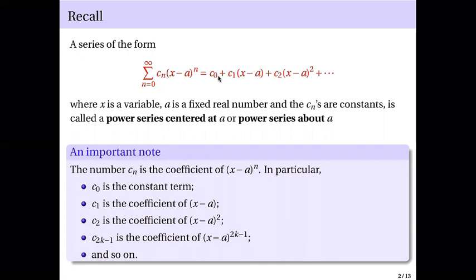Its exponent is actually 0. Here you have c sub 1, the coefficient of x minus a, so the power is 1. c sub 2 is the coefficient of (x minus a) squared, so the power is 2, the subscript is 2. If you have c sub 2k minus 1, we expect that this is the coefficient of the term (x minus a) raised to 2k minus 1, and so on and so forth.